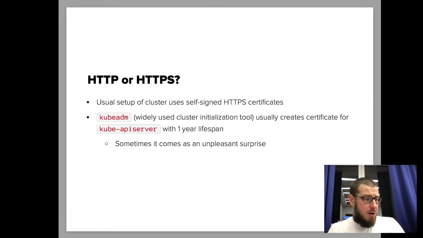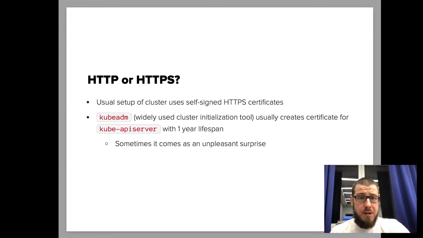Now there is a small thing to notice: the usual setup of a cluster uses self-signed HTTPS certificates, and for some reason kubeadm, its widely used cluster initialization tool, usually creates the certificate for the Kube API server with a 1-year lifespan. Sometimes it comes as an unpleasant surprise, because 1 year is a rather small period of time.